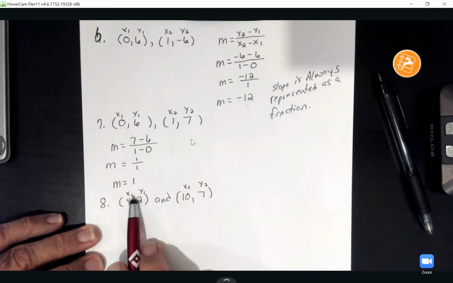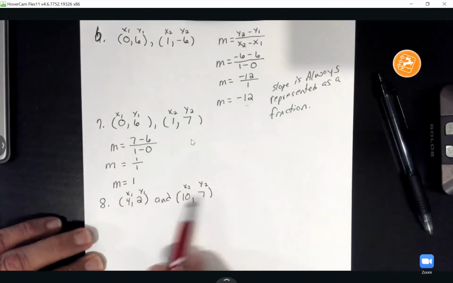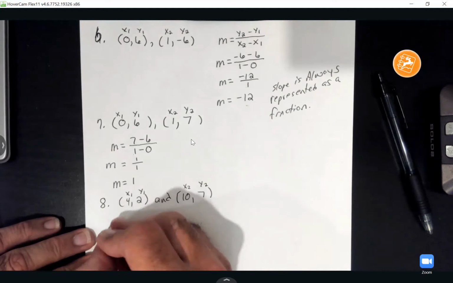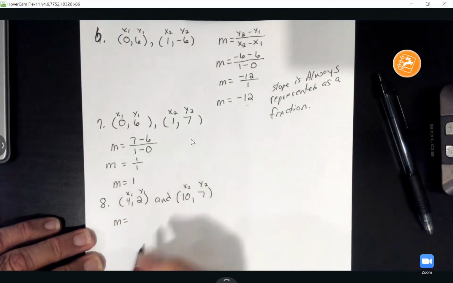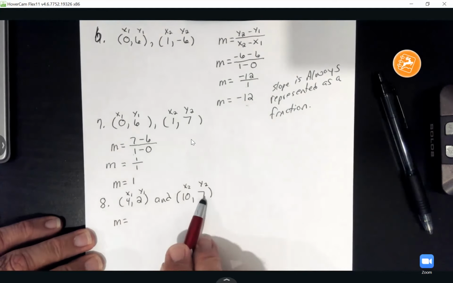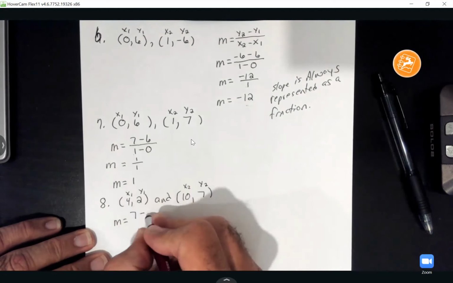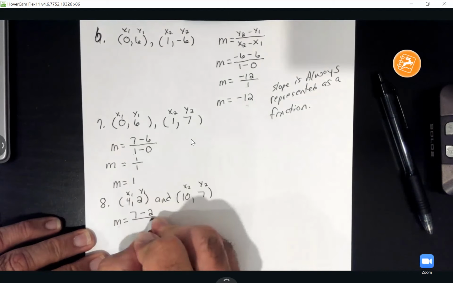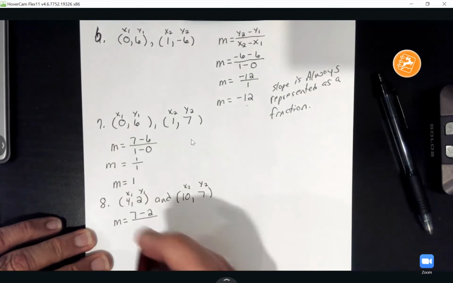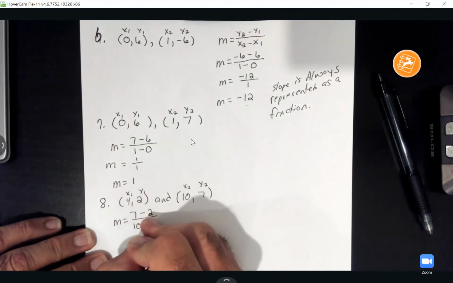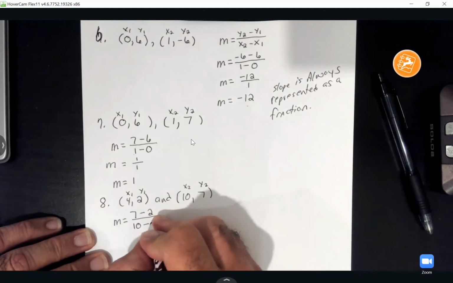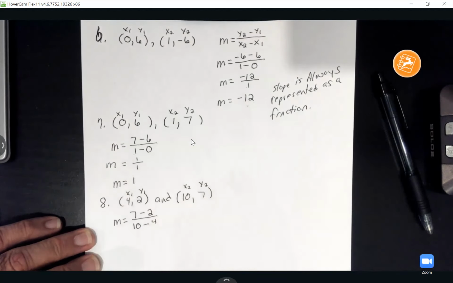I just sort of put my x1, y1 in order on my points. All right, so here we go. Y2 is 7 minus my Y1 is 2. That's going to be over my X2, which is 10, minus my X1, which is 4.